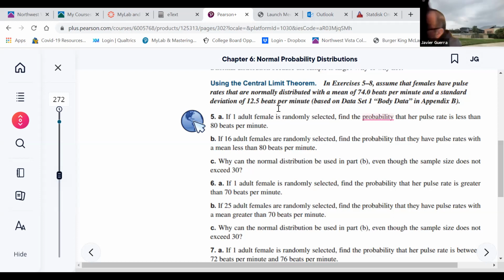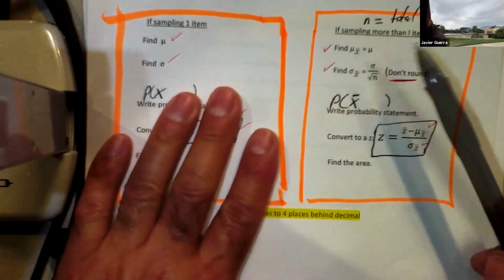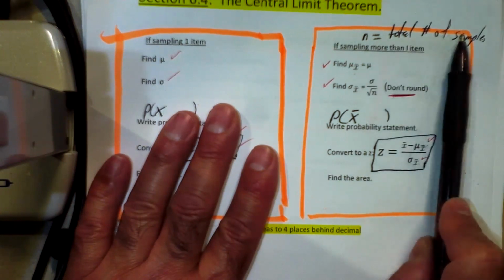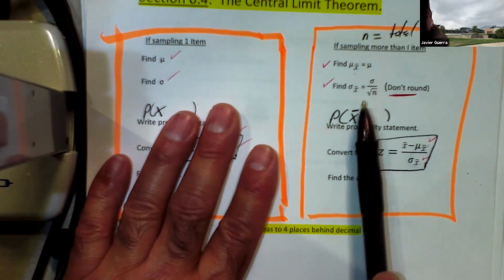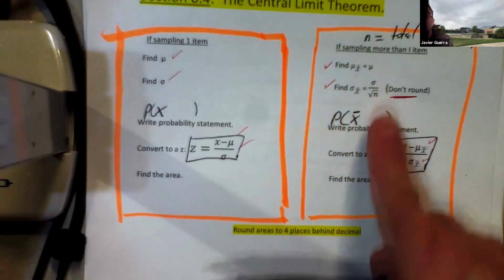So you're doing multiple samples, which is 16, which means that I'm going to have to use the other side of my handout to work. I'm doing more than one item. So there's my N. You told me it was 16. Now I have to find these 2 numbers. All right, so I'm gonna transfer the formulas to my paper.